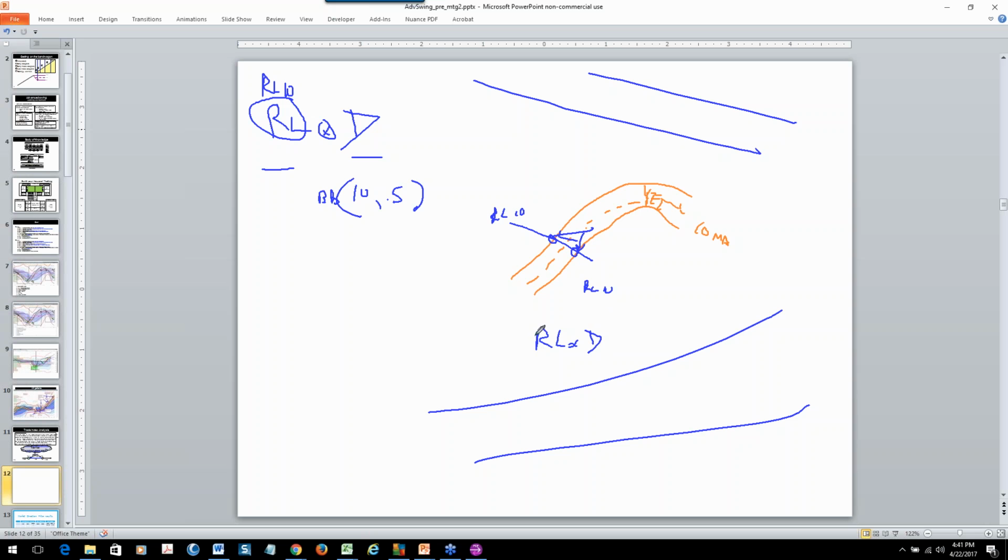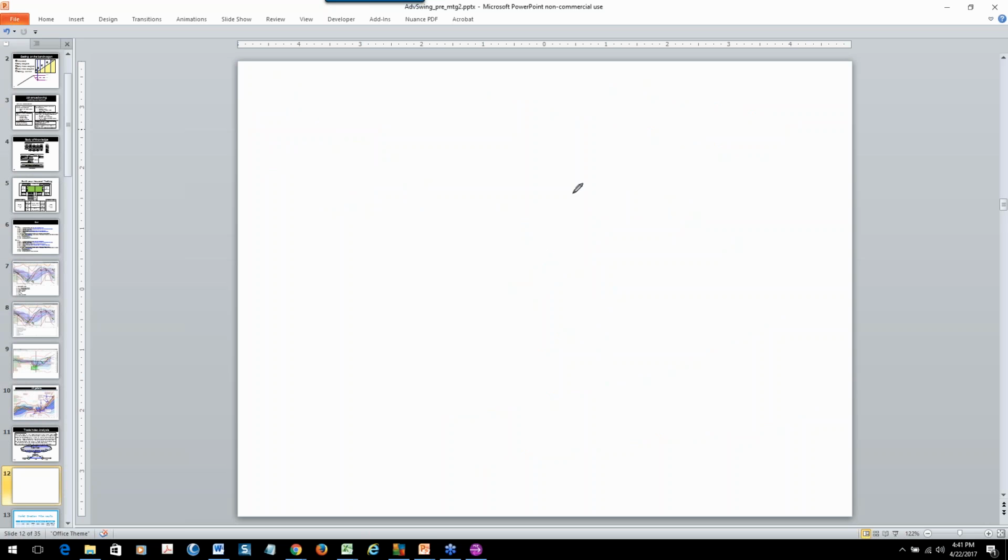So sometimes in a continuation pattern, we might do something like this. We might see that the river did one of these gizmos.